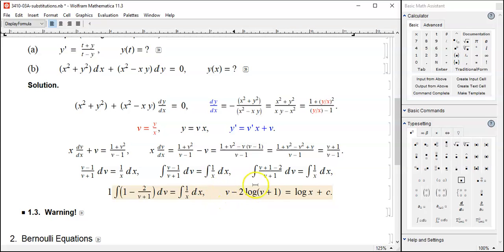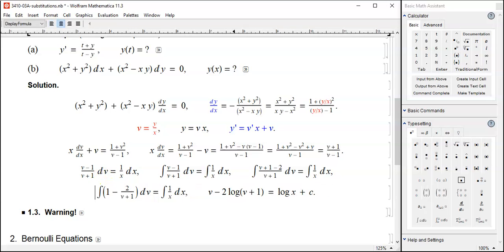And then over here, I can always flip this coefficient 2 up over here, so that I don't have to worry about inside of the logarithm becoming negative. Why do I have this extra one here?